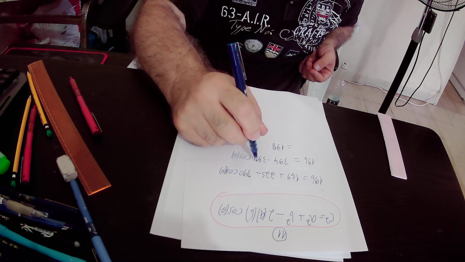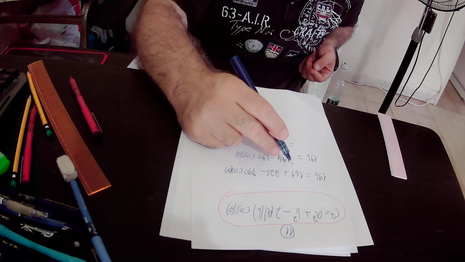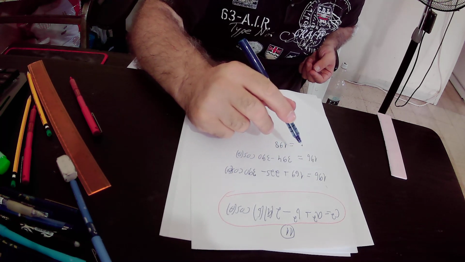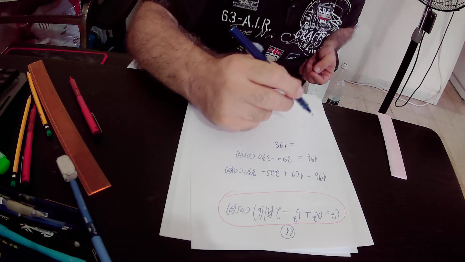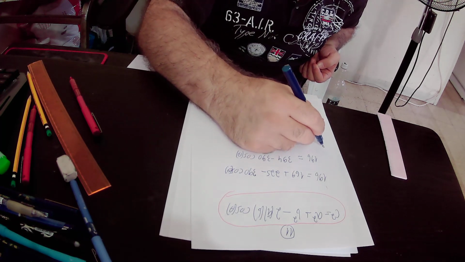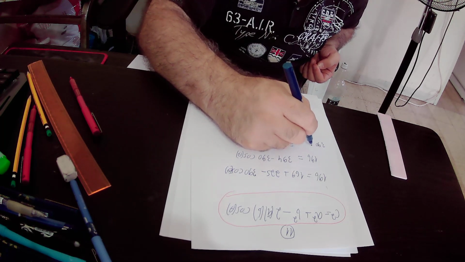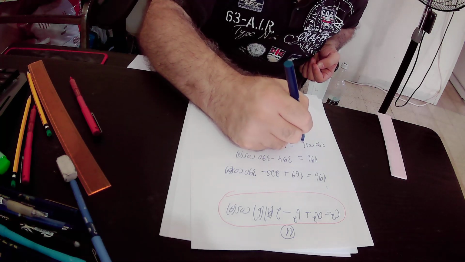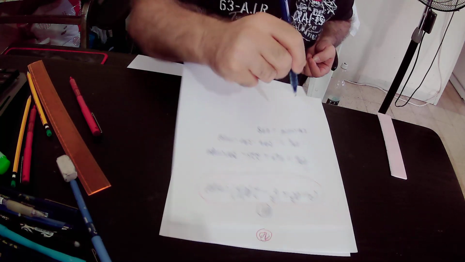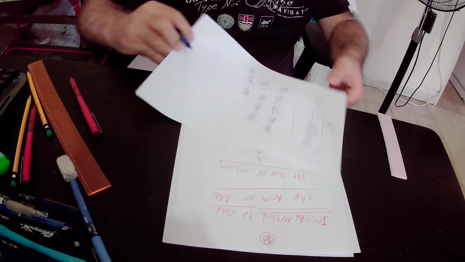We'll move 390 cosine theta to the other side, and we get 390 cosine theta equals 198.